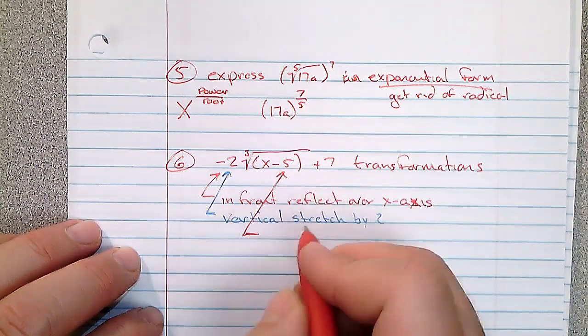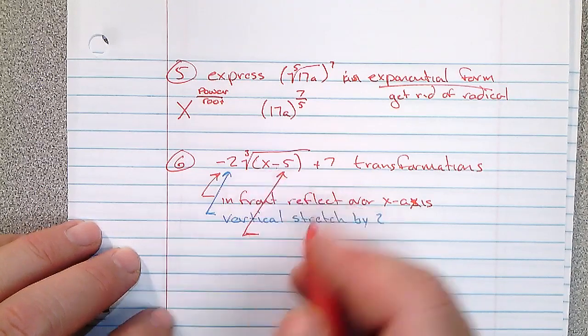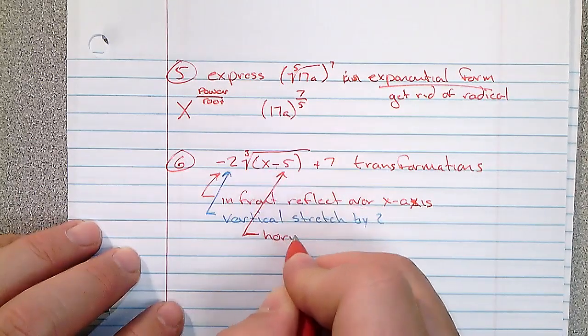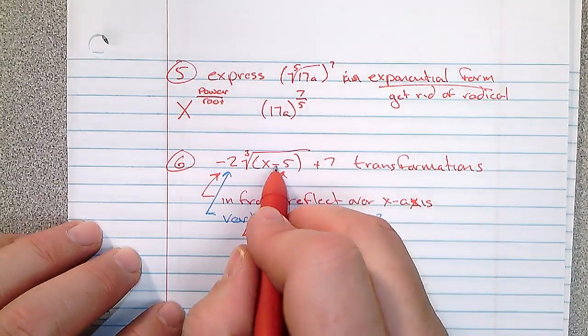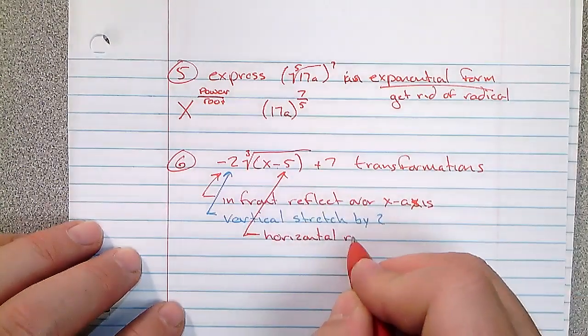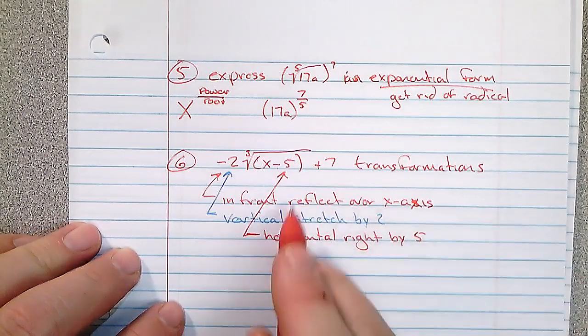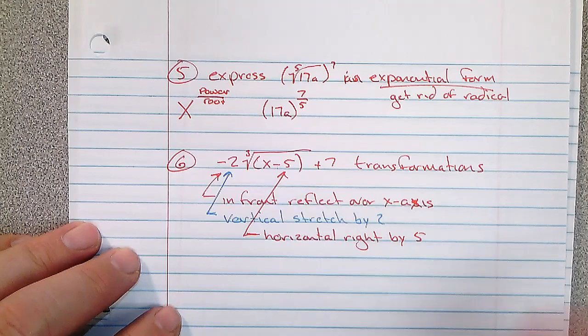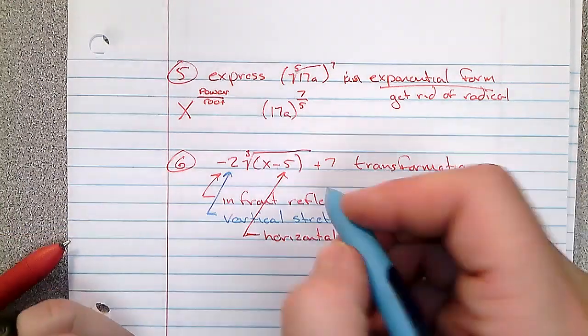This -5, that's inside, that's our h, that's our minus h. So this is a horizontal. And it's going to go minus, so it's going to the right. Because our h is going to be 5. So it's shifted our starting point to the right 5.